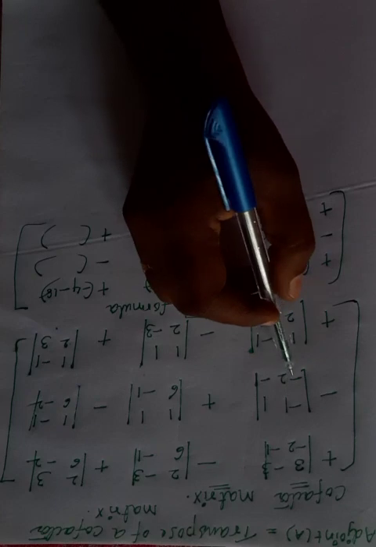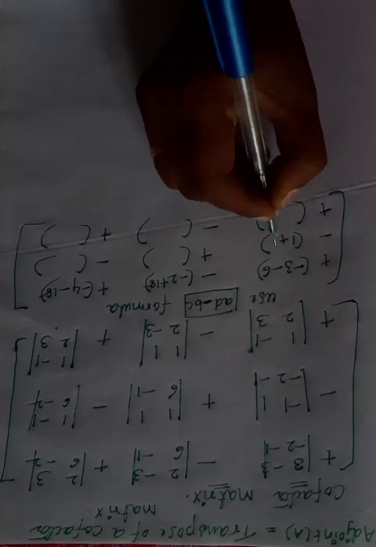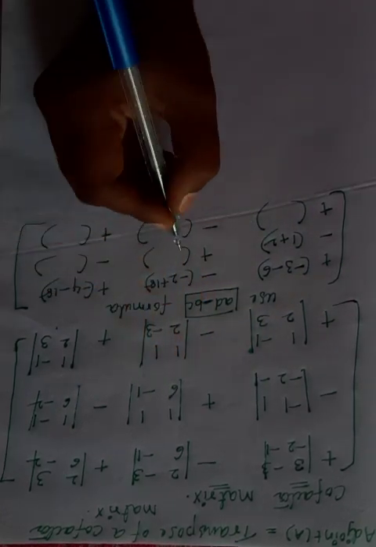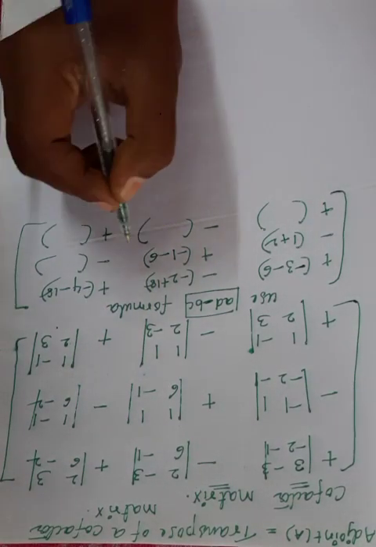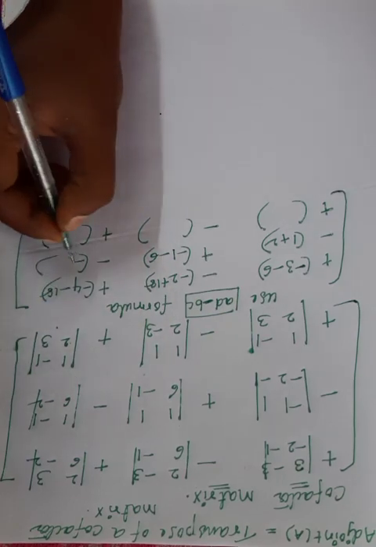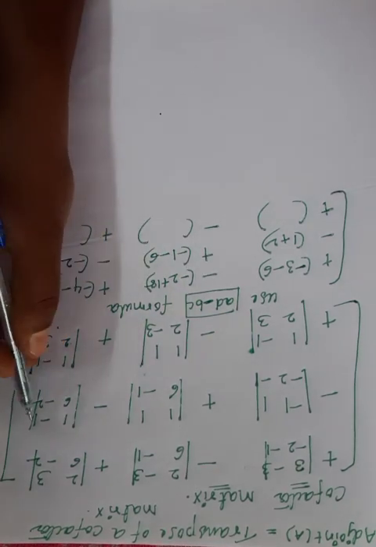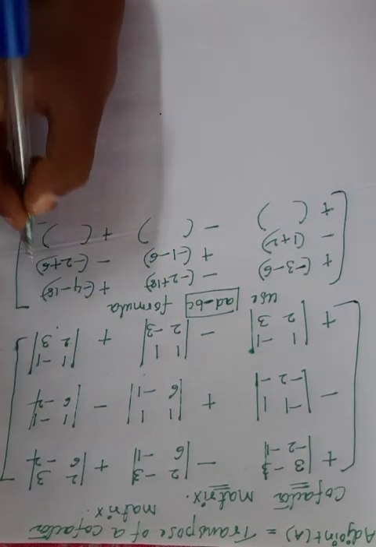So minus 2 into 1 is minus 2. Here we write plus 2. 1 into minus 1 is minus 1. Next 6 1s are 6, so minus 6. 1 into minus 2 is minus 2. Minus 1 into 6 is minus 6. Here we write plus 6.